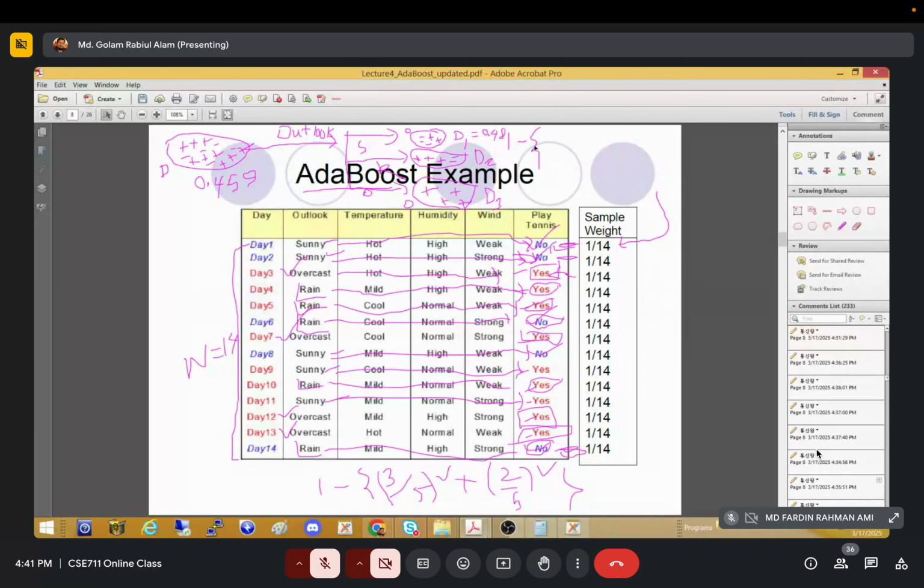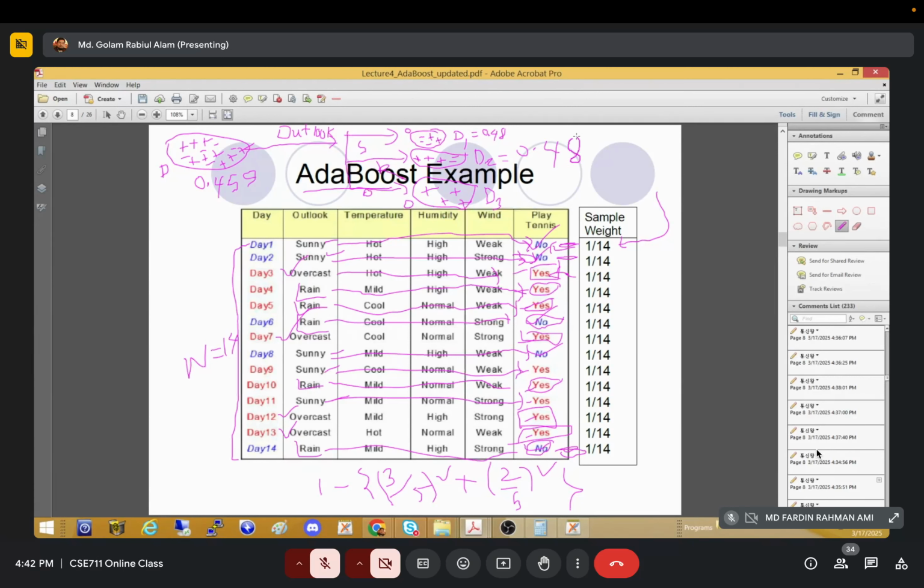Now we have to find out the Gini impurity of another set, D2. How can we find it? In this case, there are 3 positives and 2 negatives, so it will be the same: 1 minus 3 by 5 whole square plus 2 by 5 whole square. So the Gini impurity for this one will also be 0.48.